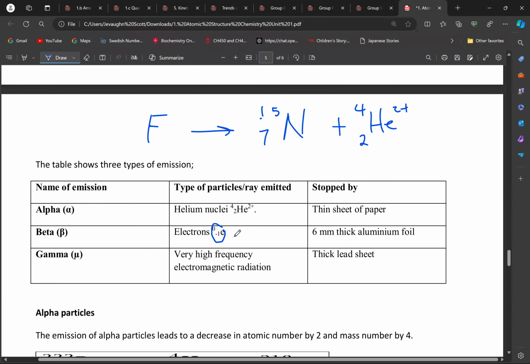The beta decay that you guys look at would be increasing atomic number by one, yes? Yes, sir. And the mass number doesn't change? No, sir. Doesn't change.